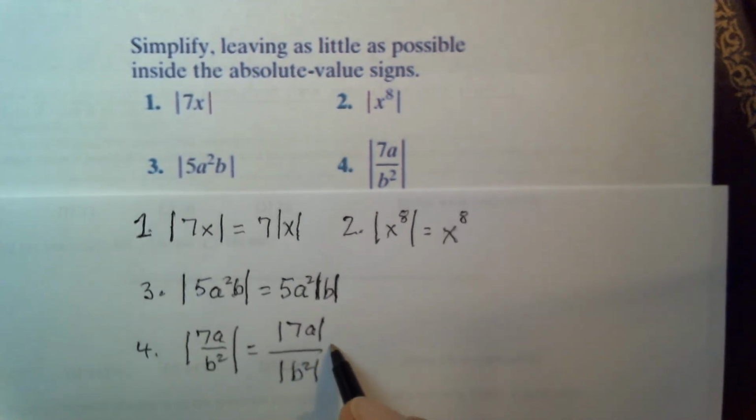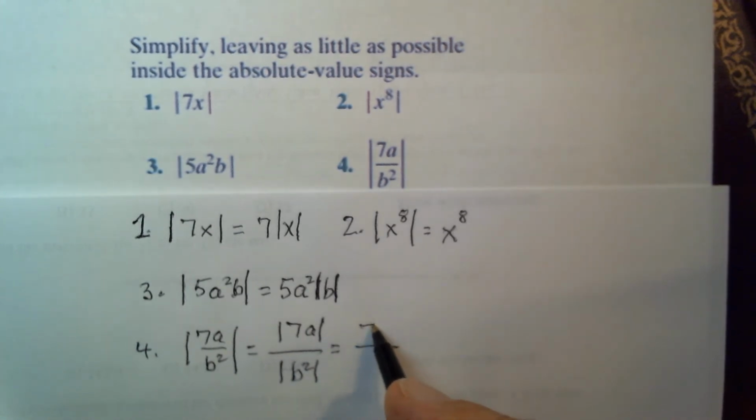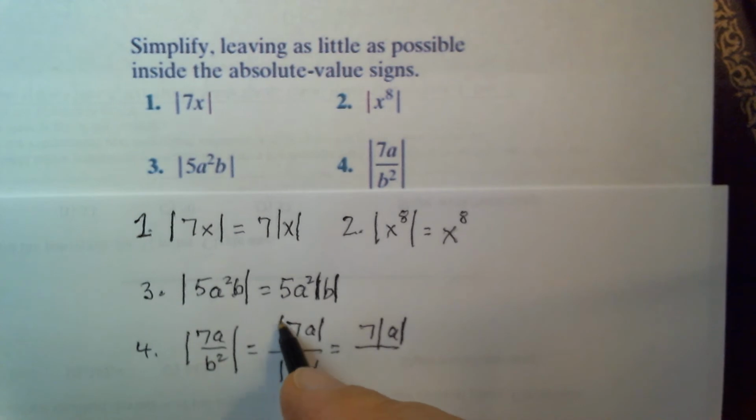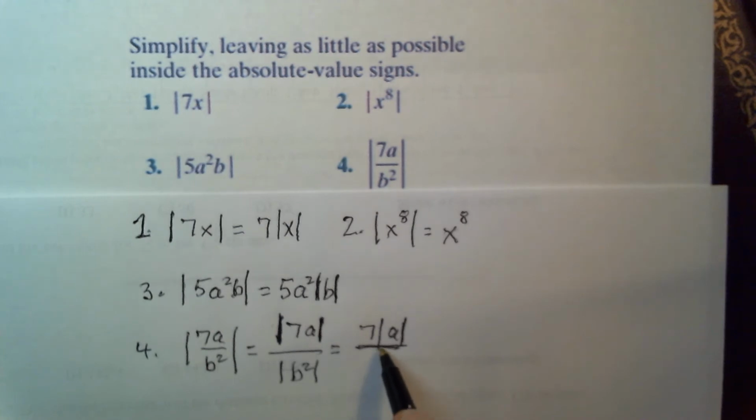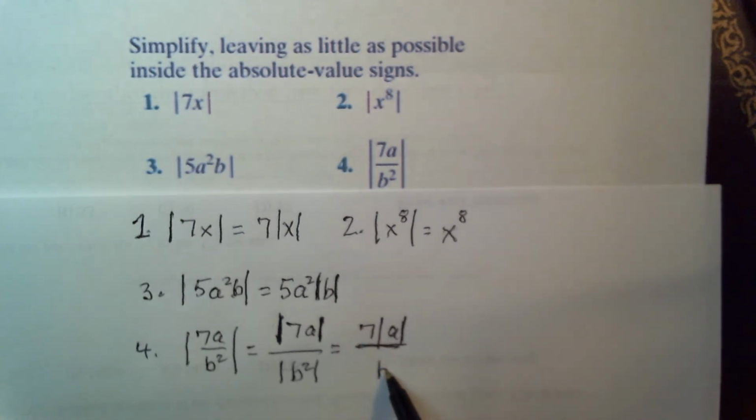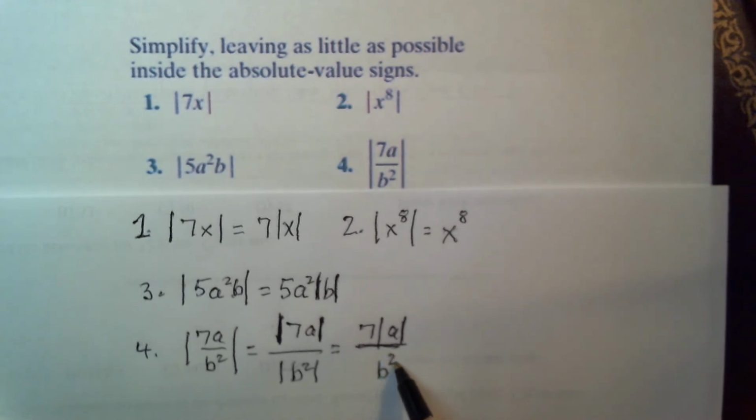Okay, so here we can write the numerator as 7 times the absolute value of a. That's a positive number, but we don't know about a, so we leave that between the absolute value symbols. Make sure it doesn't look like 17. And in the denominator, well, b squared is a non-negative number for sure, so we can write that without the absolute value symbol.